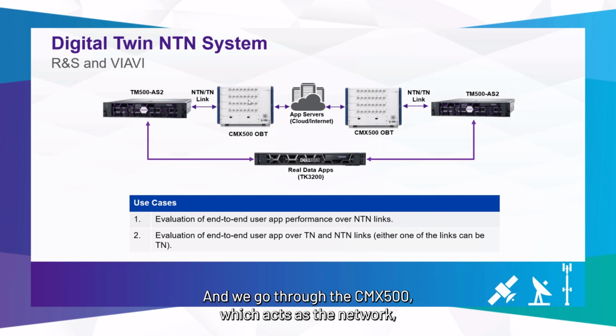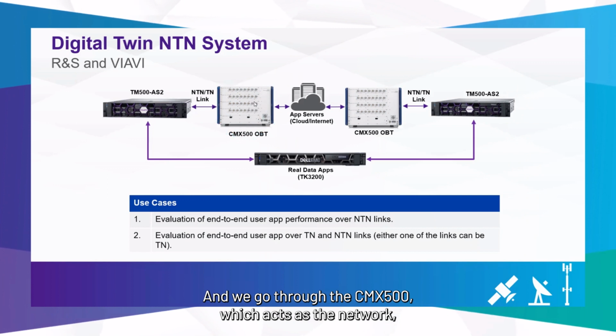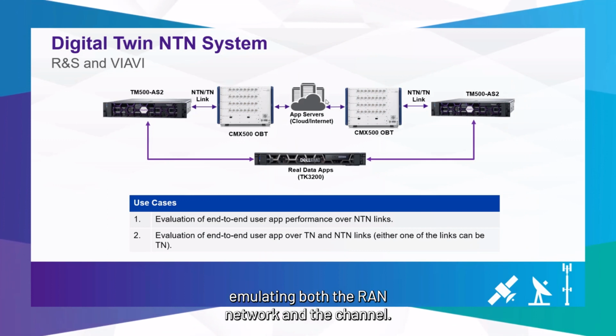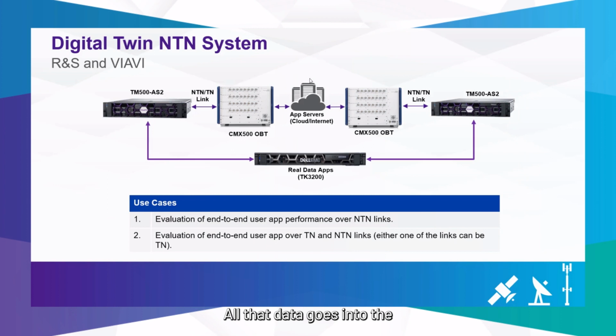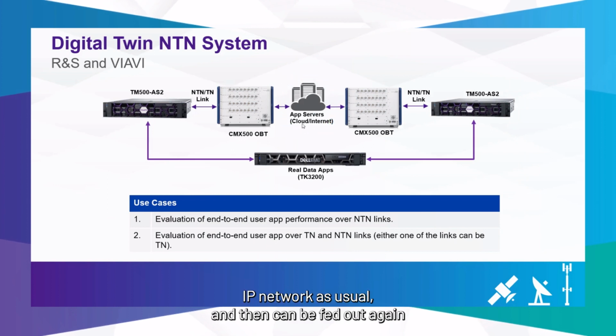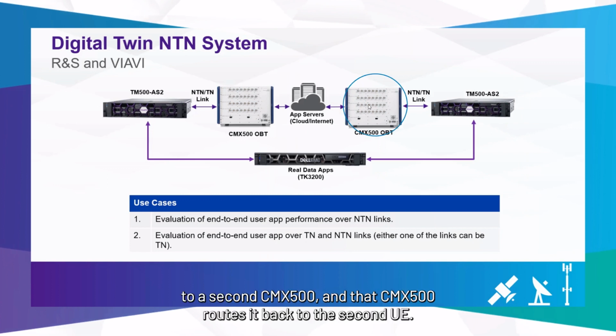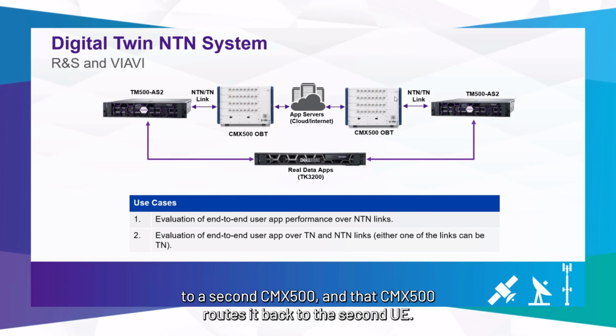And we go through the CMX500, which acts as the network, emulating both the RAN network and the channel. All that data goes into an IP network as usual, and then can be fed out again to a second CMX, and that CMX routes it back to the second UE.